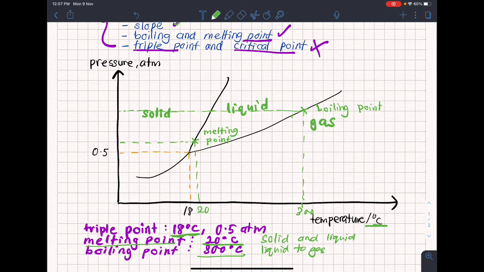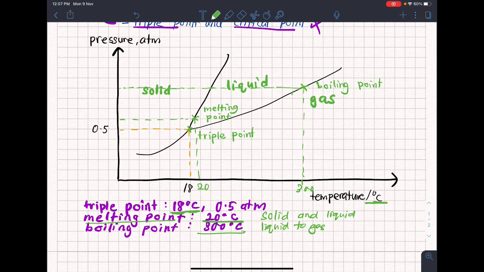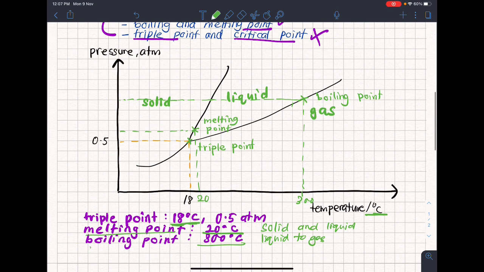So you must label here your triple point. And next you have one more, which is your critical point.